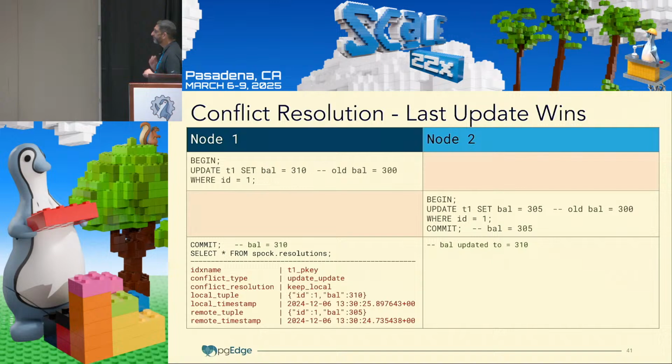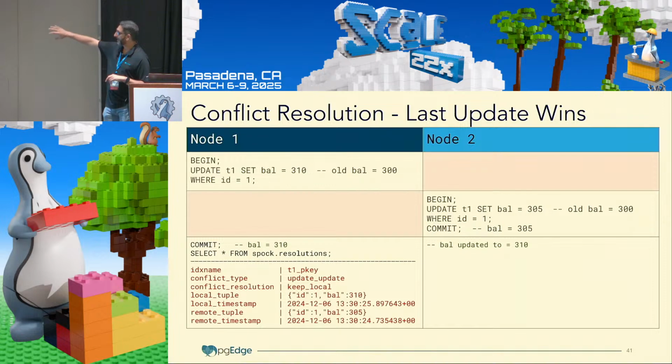What we prefer is last update wins. So we don't care about the first update. We don't like local change wins or remote change wins. What we're looking at is last update wins.